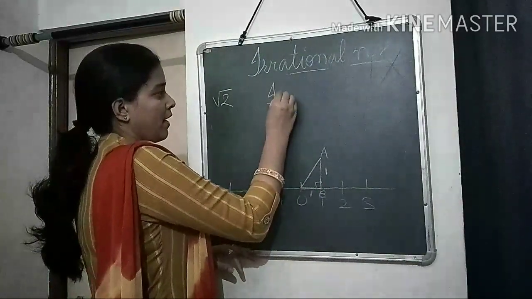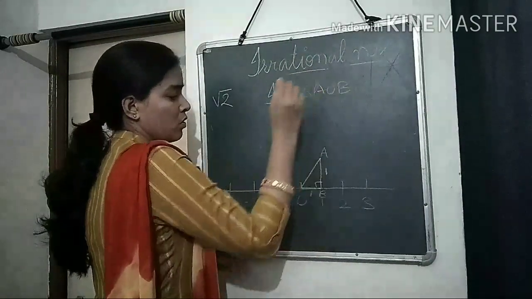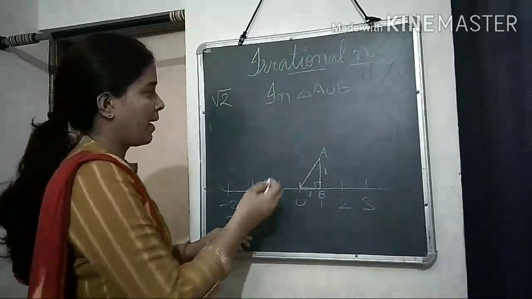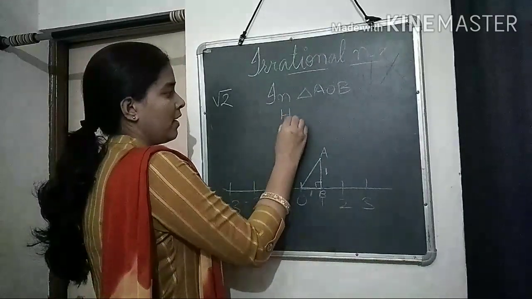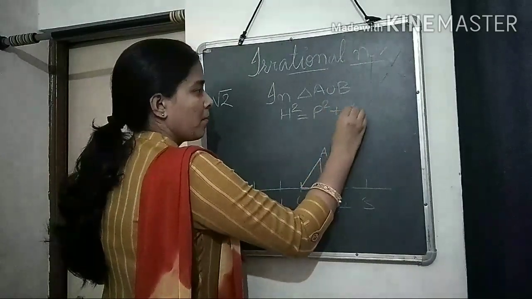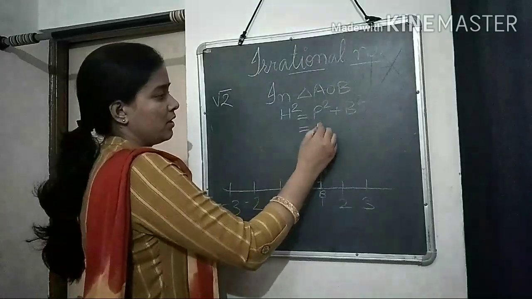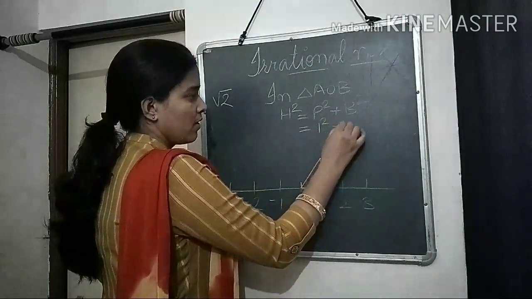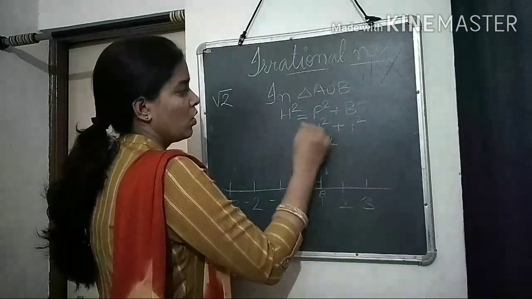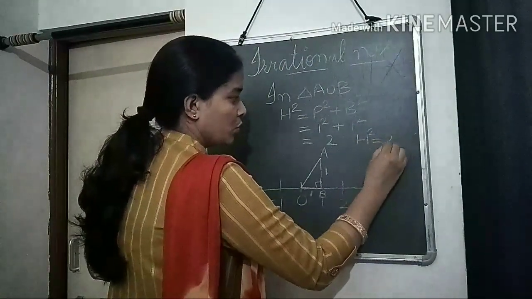So in triangle AOB, can you tell about it? Yes, our Pythagoras theorem will be applied here, and we have h square is equal to p square plus b square. From the diagram we know that the value of p is 1, the square is 1, the value of b is 1, the square is 1. If you add them, it will become 2. So h square is equal to 2.